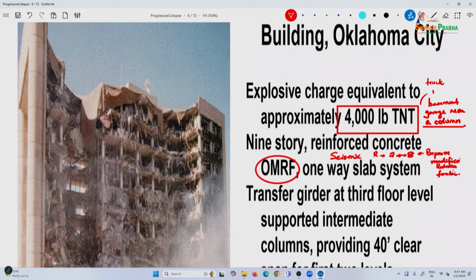Basically what you are doing is something like this. If you have an elastic behavior, if your P versus delta, this is elastic behavior, and this is, let us say, delta max.